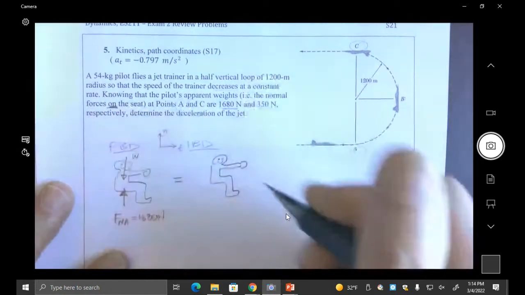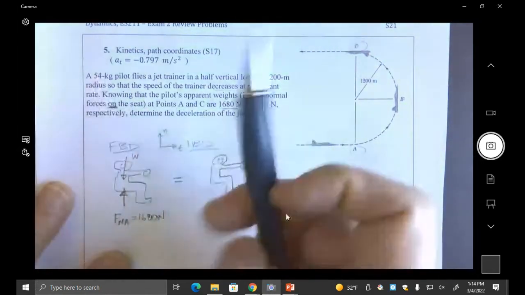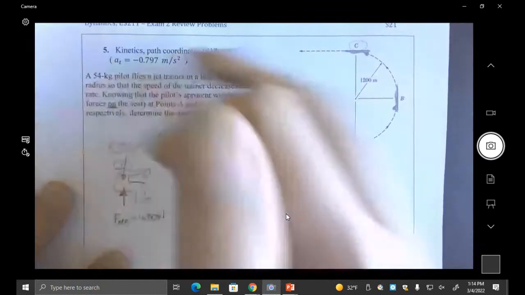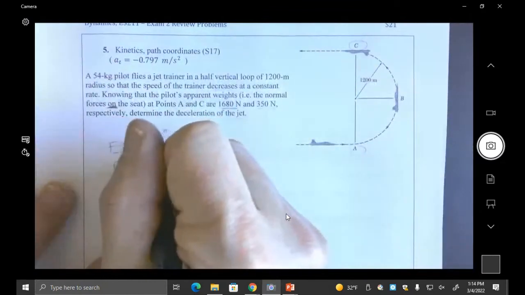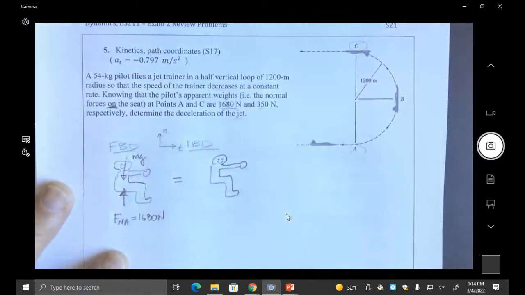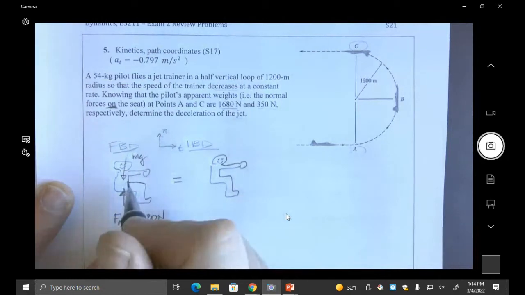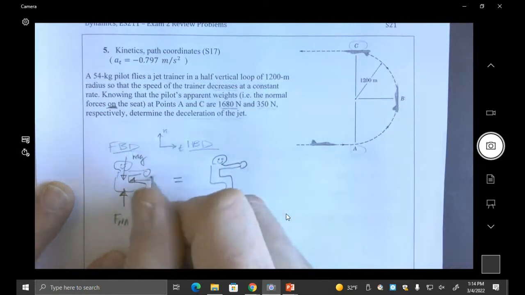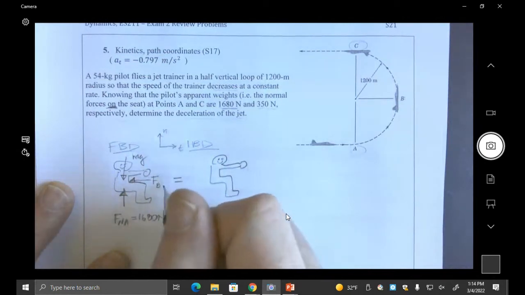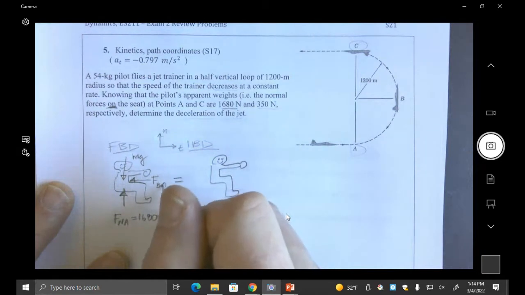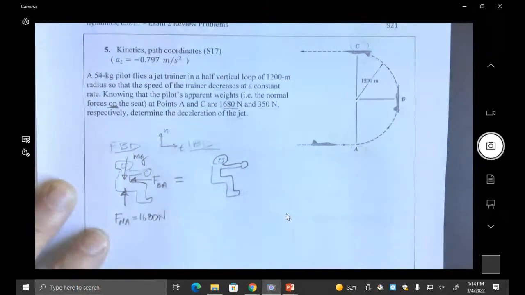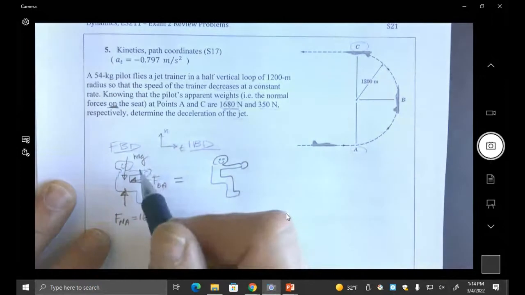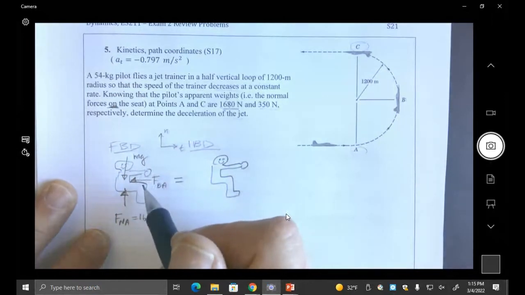So this is the weight, or I guess we might as well write mg, right? Because it's SI. And then also, he might have some tangential components. So I'm going to say that he's going to have maybe a seat belt force. So I'm going to call it FBA. All right, so those are the forces I believe that are going to be on the pilot at point A.